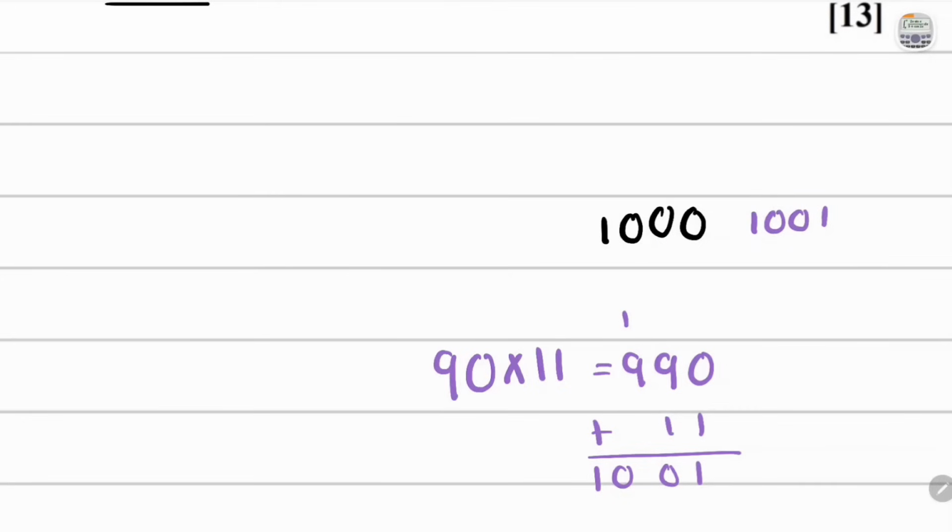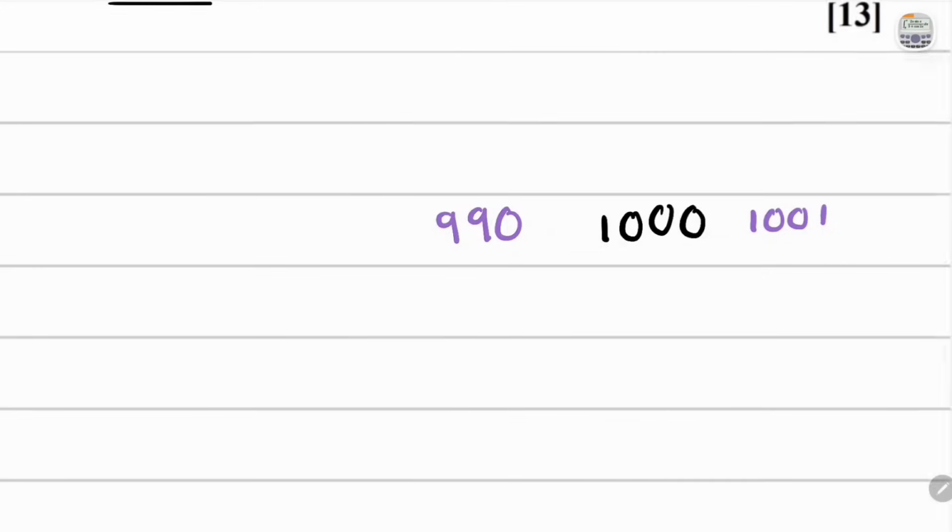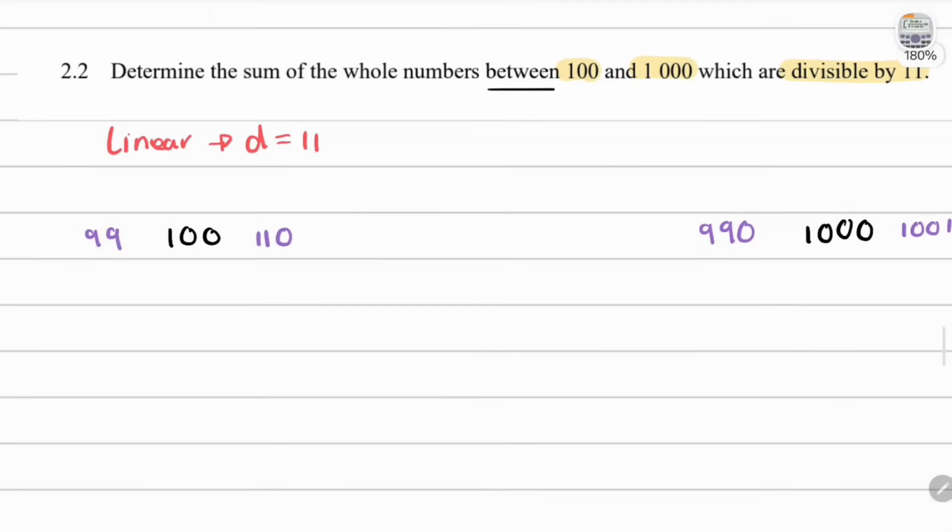So we can see that the next number divisible by 11 that is less than 1000 would be 990. And there we go. We've just found the first and the last term in the pattern we're referring to. So that is the 110 and the 990.